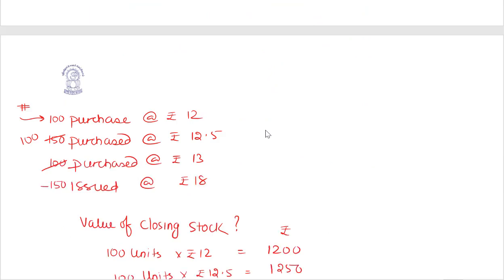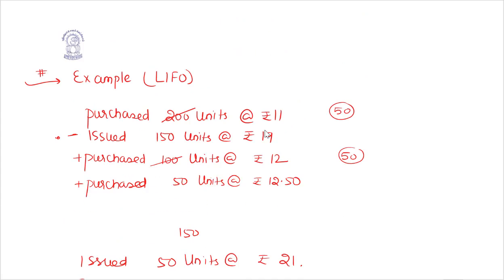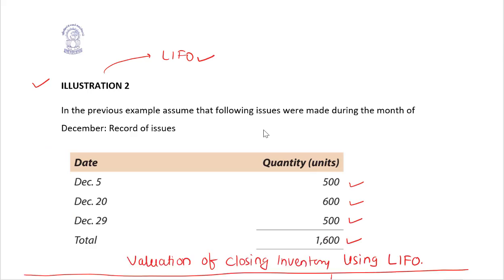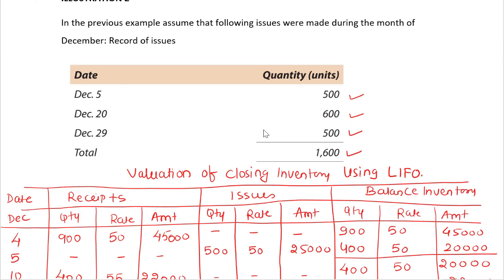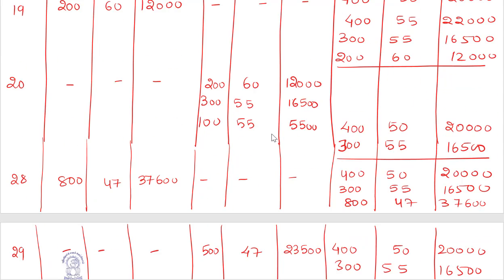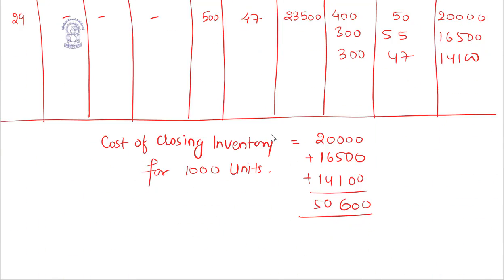In illustration 2, the issued amounts are given: December 5 issue 500 units, December 20 issue 600 units, December 29 issue 500 units, so total issued 1600 units, remaining in the closing inventory 1000 units. We need to do this question using the weighted average price method.